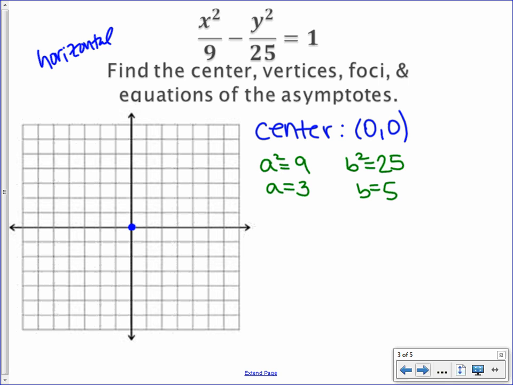So since A is 3, and we have a horizontal hyperbola, I'm going to move out 3 from my center, and those are our vertices. So at (3, 0) and (-3, 0).